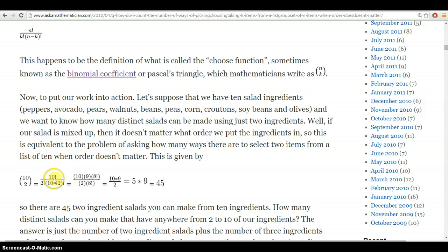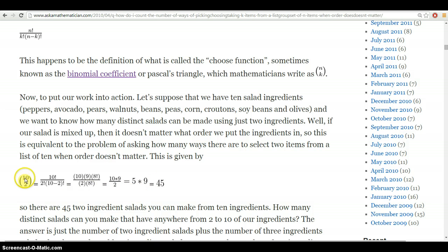So as we write these out, notice that the 10 minus 2 would just give us 8 factorial. And because this 10 factorial is 10 times 9 times 8 times 7 and so on, we want to cancel out as much as possible. That's why this is written as 10 times 9 times 8 factorial, so that these 8 factorials will cancel, and we just have 10 times 9 over 2, which we can calculate to be 45.